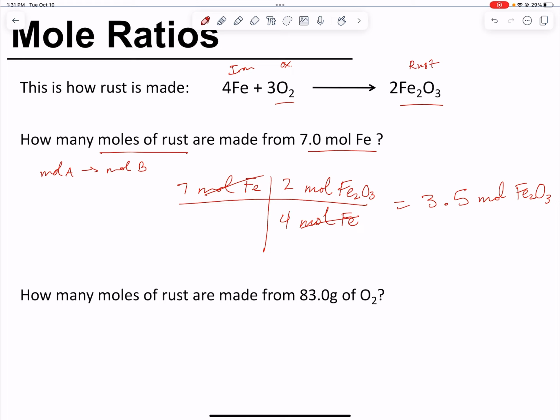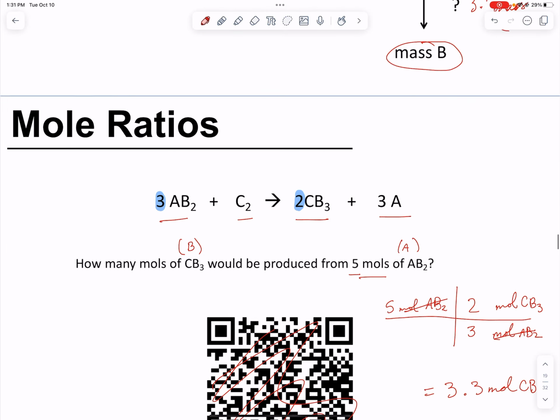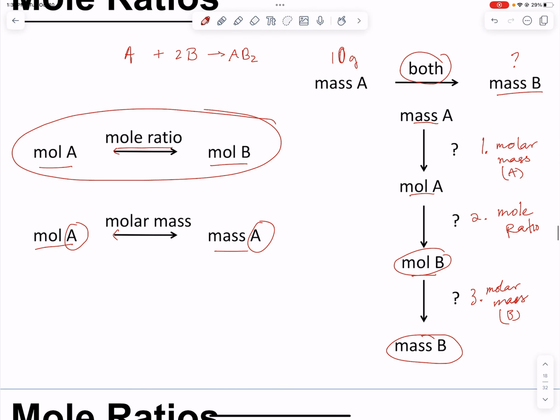Next, the question says, how many moles of rust are made from 83 grams of oxygen? All right, so we can think of oxygen as our substance A, and we can think of rust as our substance B. So let's go up and figure out the path that we need to take here.